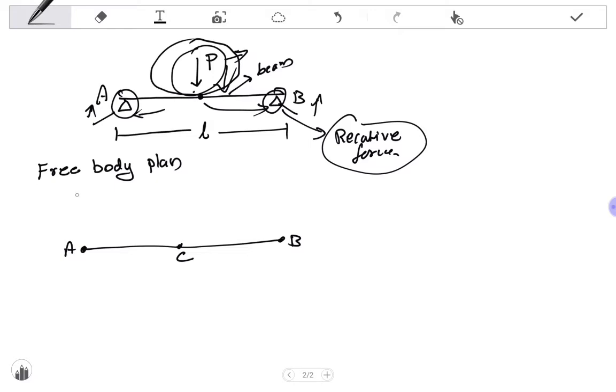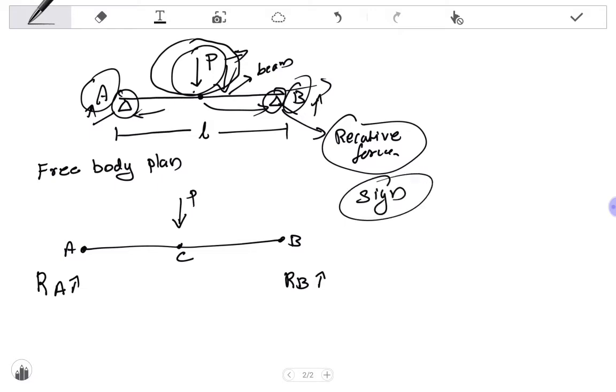In a free body diagram, the reactive forces act on the two ends, at point A and point B. The reactive force is given the short form R. The reactive force acting at point A is RA, and similarly the reactive force acting at point B is RB. These reactive forces act upwards, so an up arrow is marked for easy identification of the direction in which the force is acting. Another force is acting at the center, that is P. In the calculations these forces are given a sign.